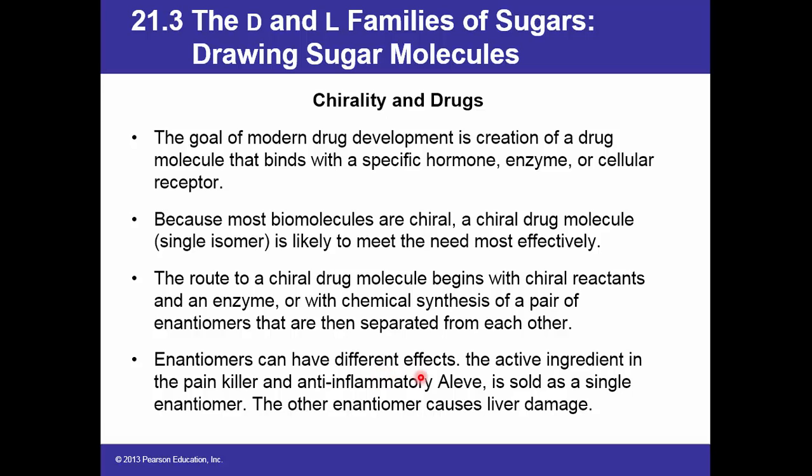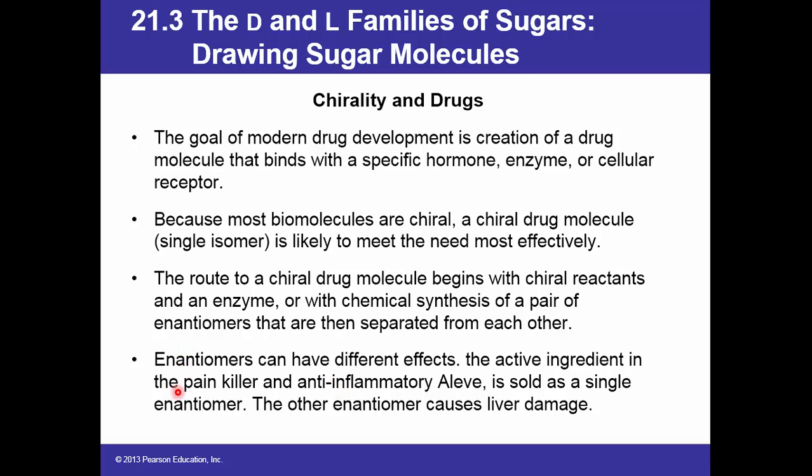Enantiomers can have different effects. The active ingredient in the painkiller and anti-inflammatory Aleve is sold as a single enantiomer. The other enantiomer causes liver damage. So this shows you the importance of enantiomers.